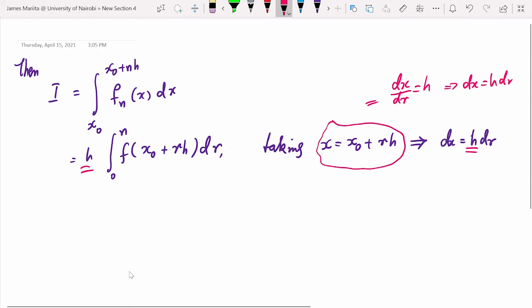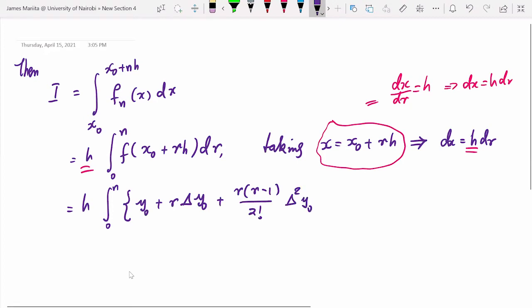So that being the case, this will be equal to h times the approximation of what we have there, the integral from 0 to n of y0 plus r Δy0 plus r(r minus 1) over 2 factorial Δ²y0 plus r(r minus 1)(r minus 2) over 3 factorial, the third difference.